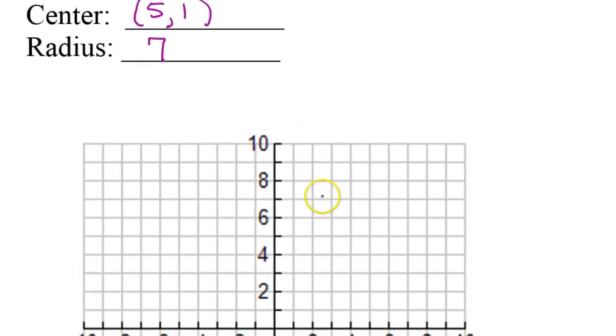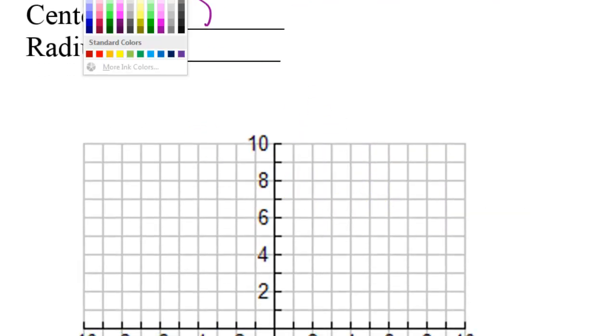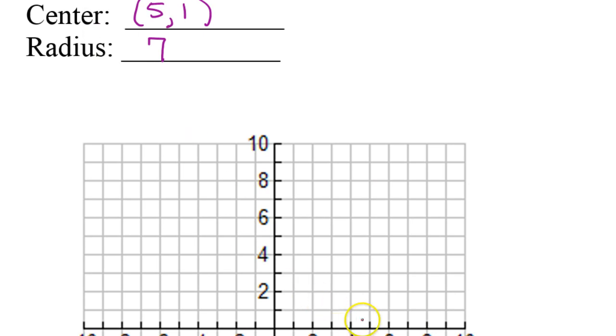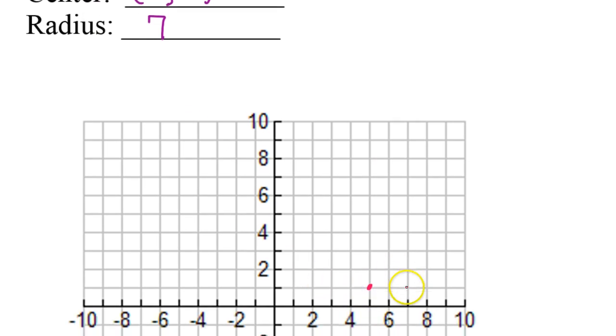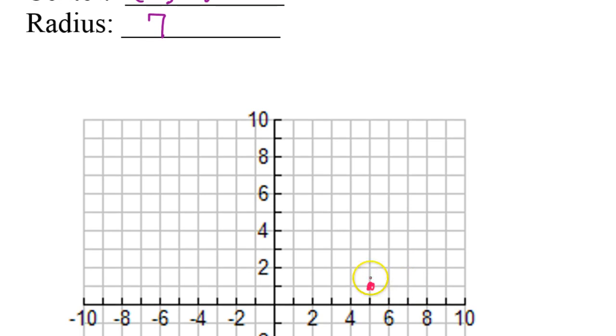Okay, now armed with this center and radius, I should be able to do the graph. So the graph has a center of 5, 1, which would be right here. So there's my center.